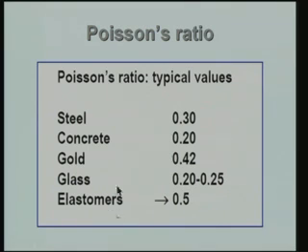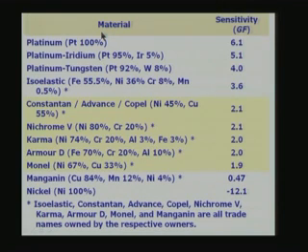The Poisson ratio typically for steels is 0.3, concrete for example is 0.2, gold 0.42, you see that it is closer to 0.5, glasses may have between 0.2 and 0.25, some elastomers have 0.5. There are some materials which even have negative Poisson ratio and so on. Let us not worry about those things as far as we are concerned here.